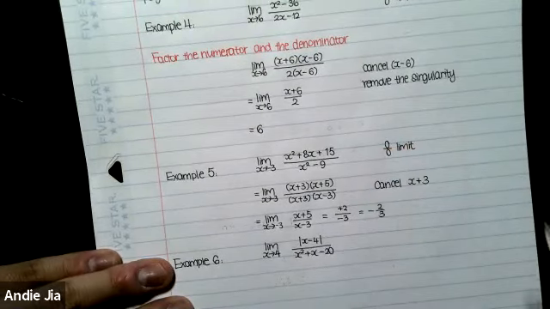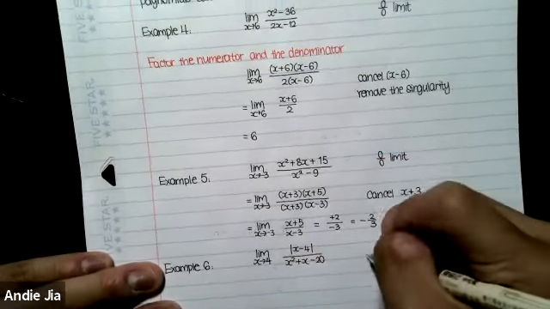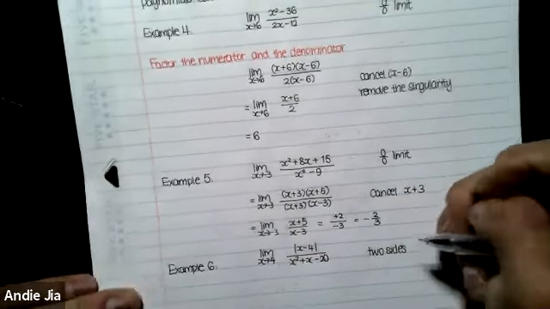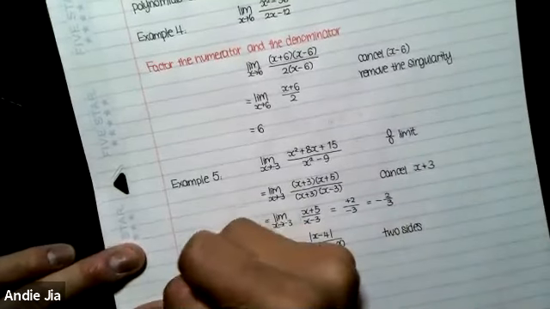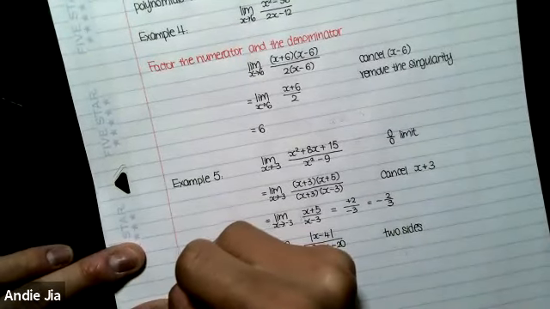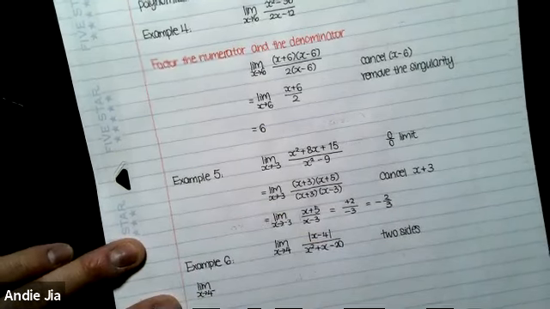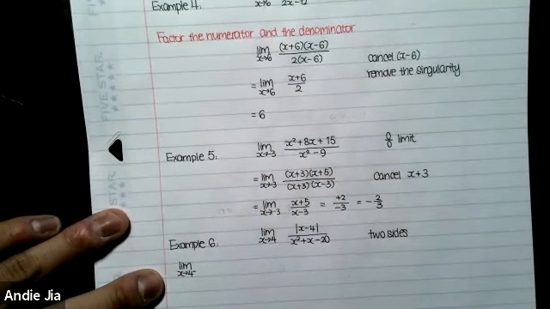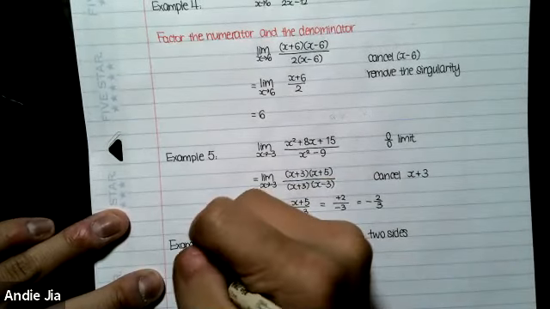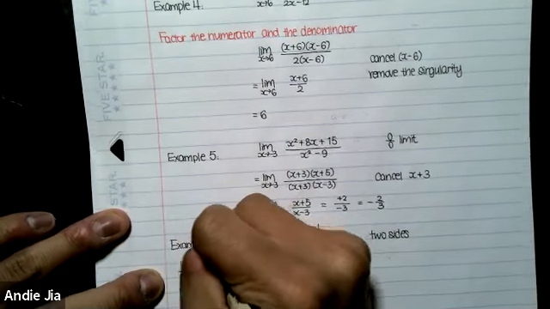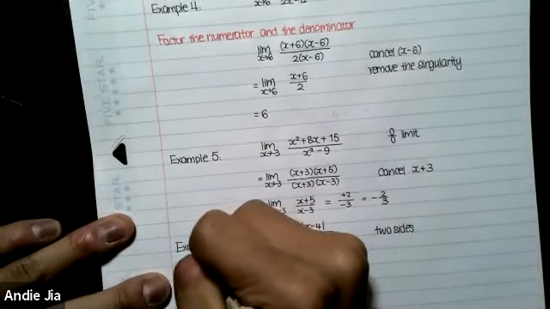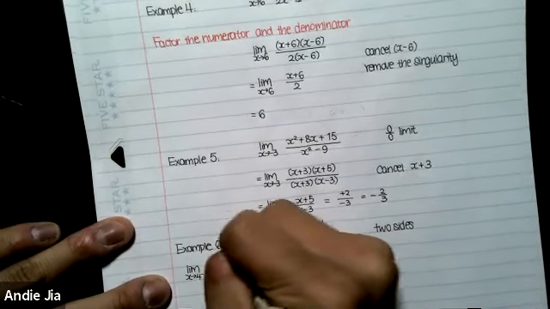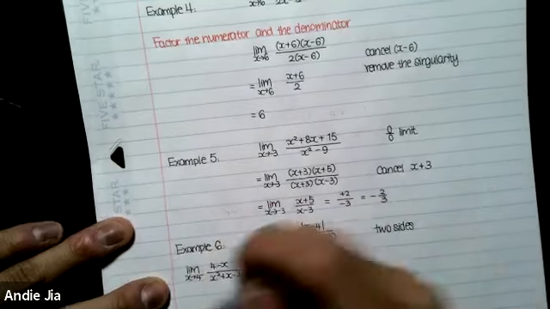So this is a two-sided limit. From the left side, the inside should be negative, so it should be 4 minus x over x squared plus x minus 20.